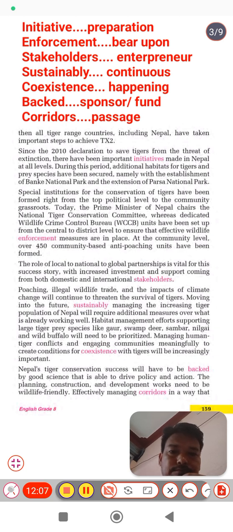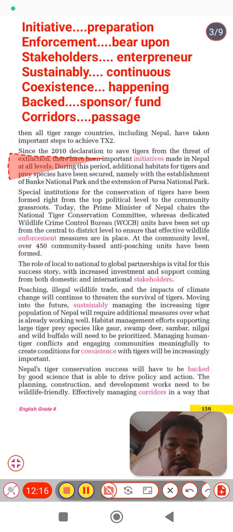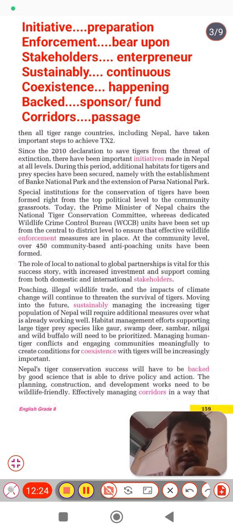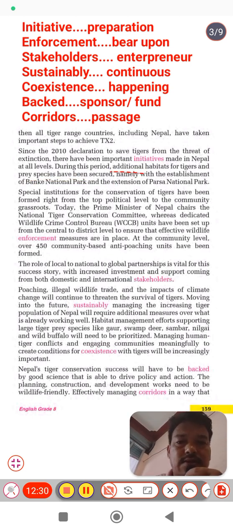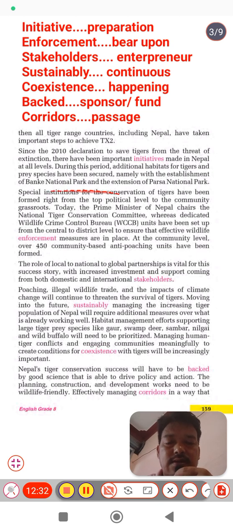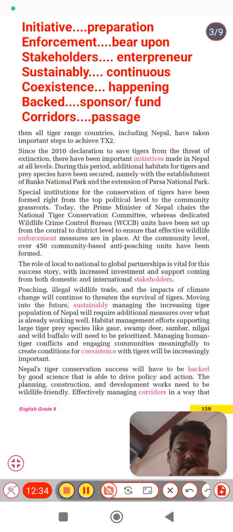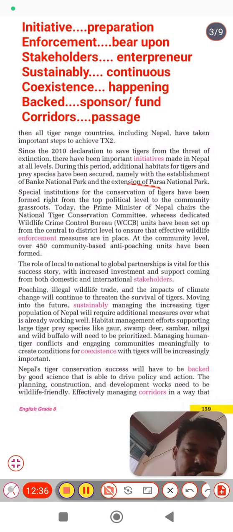Yes, since the 2010 declaration to save tigers from the threat of extinction, there have been important initiatives made in Nepal at all levels. During this period, additional habitats for tiger and prey species have been secured, namely with the establishment of Banke National Park and the extension of Parsa National Park.